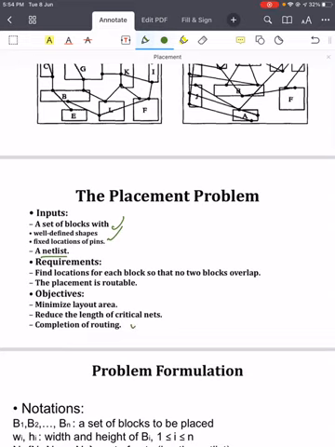Okay. Now, even after getting a placement solution, it may happen that there could be some routing related issues, that some of the nets are not routed, or not routed properly, and you may have to adjust the position of the blocks again. That's why it is called a VLSI design cycle.